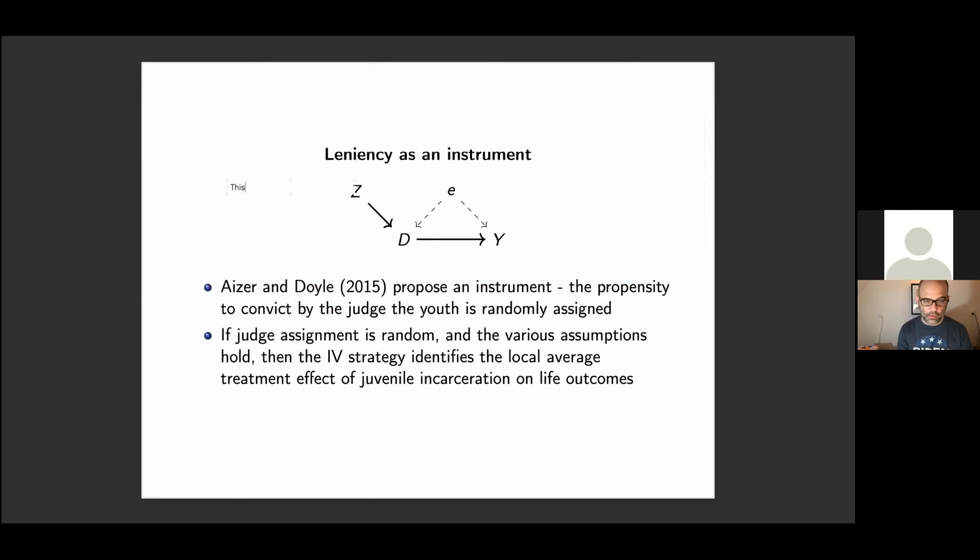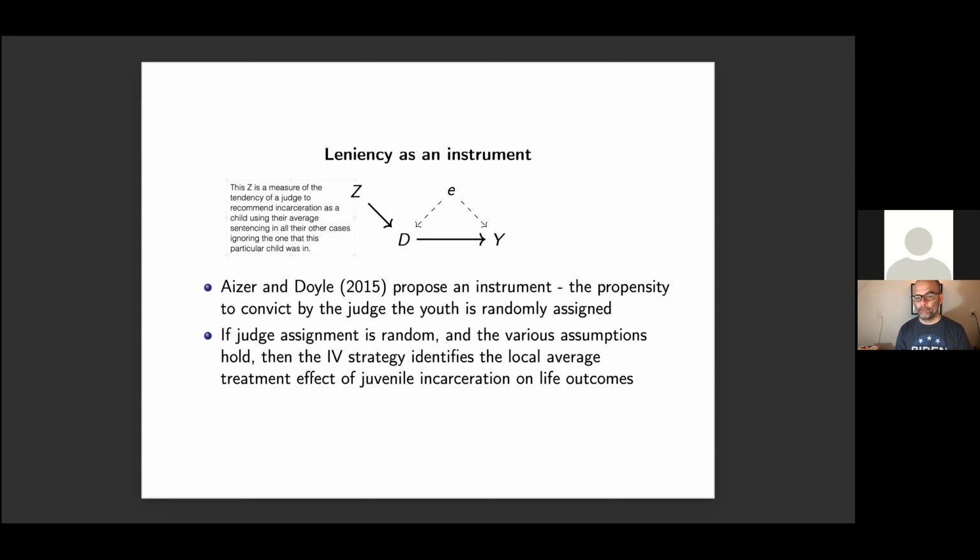This Z is a measure of the tendency of a judge to recommend incarceration as a child, using their average recommendation, average sentencing, in all their other cases, ignoring the one that this particular child was in, right?